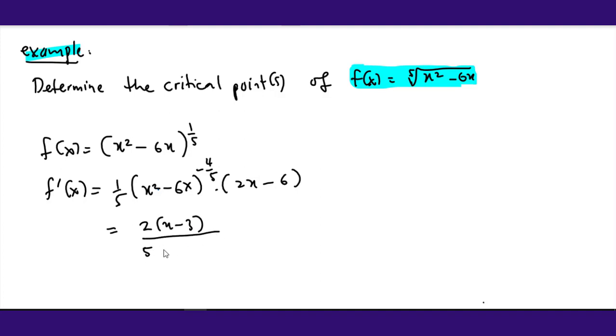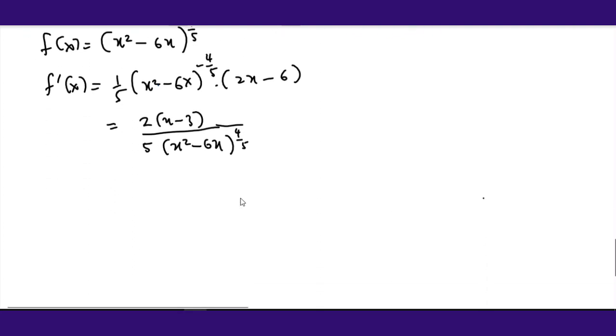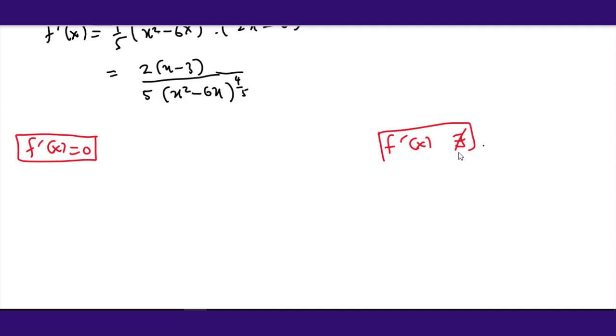To find the critical points, the first case is when f prime of x is equal to 0, and the second case is when f prime of x does not exist or is undefined.